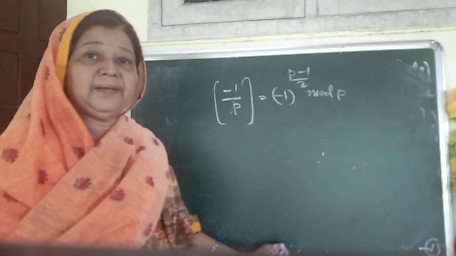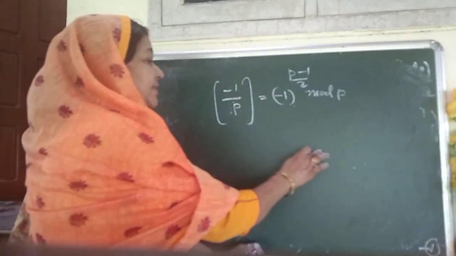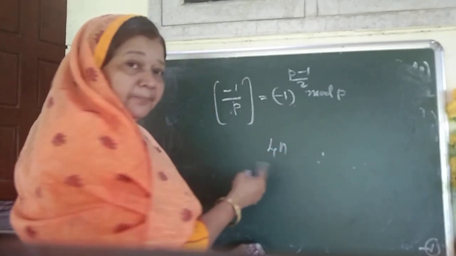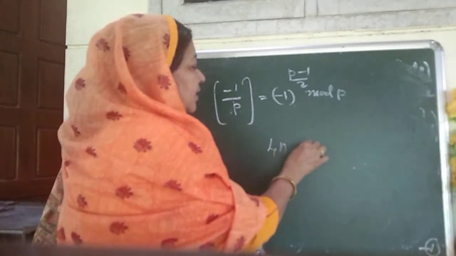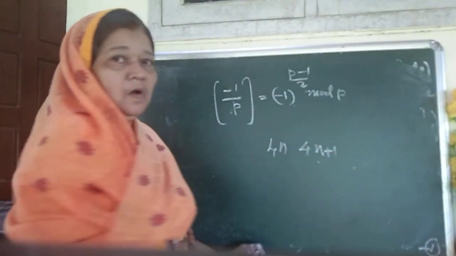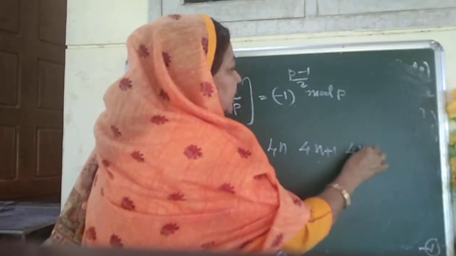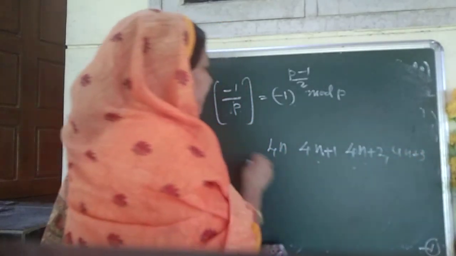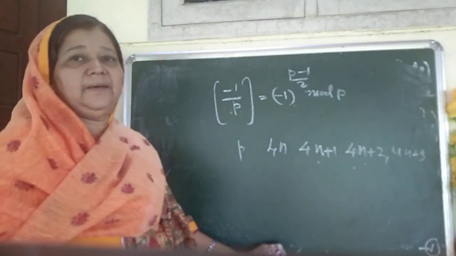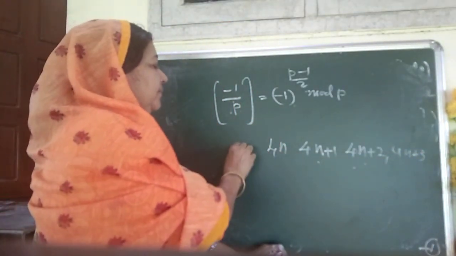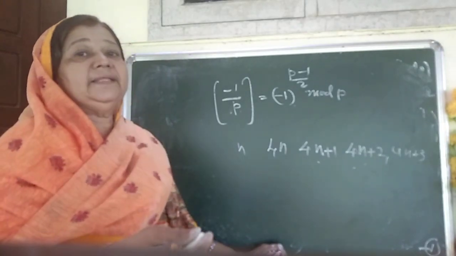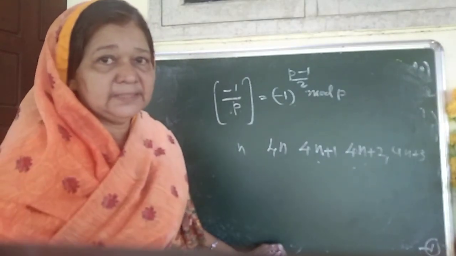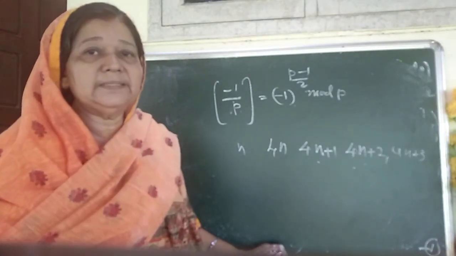We know every number can be expressed as either 4n, which is a multiple of 4, or 4n plus 1, or 4n plus 2, or 4n plus 3.